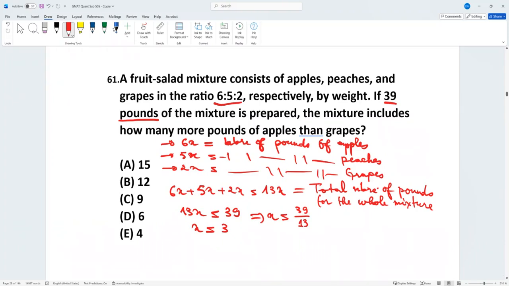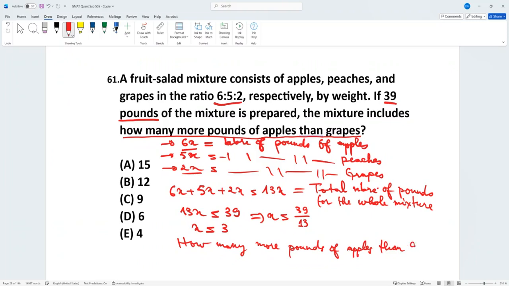So now the question is to find out how many more pounds of apples than grapes. So here we have the number of pounds of apples, and we have the number of pounds of grapes. So here we will say how many more pounds of apples than grapes.